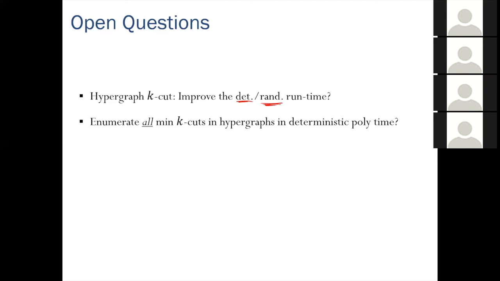You can also enumerate all min K-cuts in graphs in deterministic polynomial time. And there is a counterpart of the polynomial bound for hypergraphs. The number of min K-cuts in hypergraphs is polynomial. This comes out of the random contraction based algorithm for hypergraph K-cut. But we do not know how to enumerate all min K-cuts in hypergraphs in deterministic polynomial time. We can do this currently in randomized polynomial time. Question is, can we do this in deterministic polynomial time?